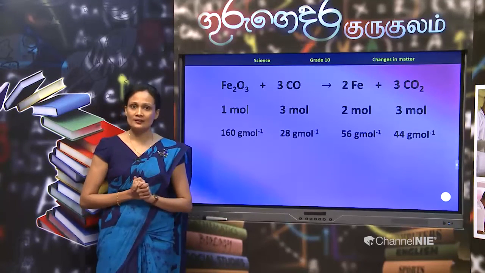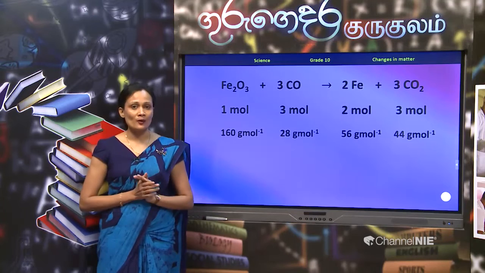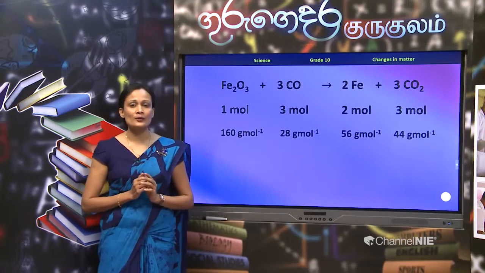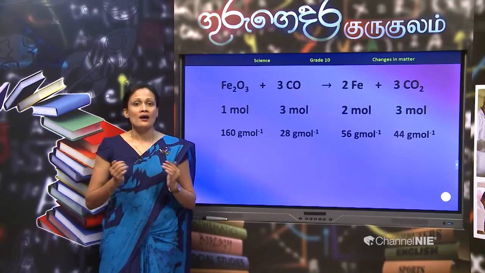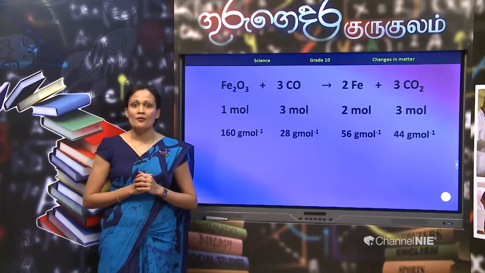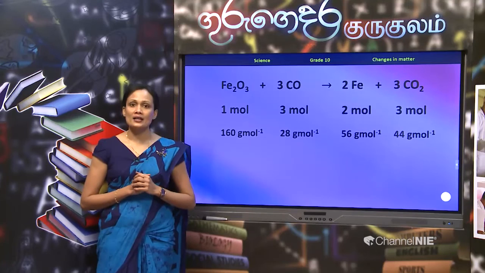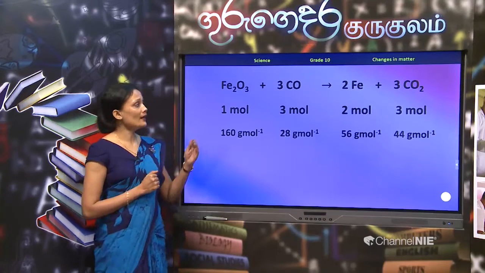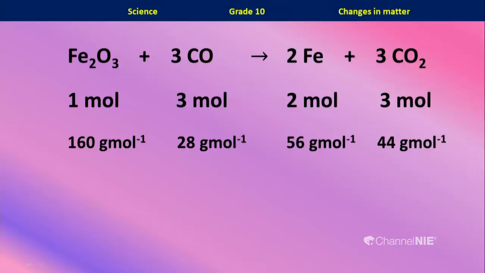Look at this, children. So you know about the relative molecular masses, how to get the relative molecular masses with the use of relative atomic masses. Here I got the relative molecular masses of the compounds by using their relative atomic masses.